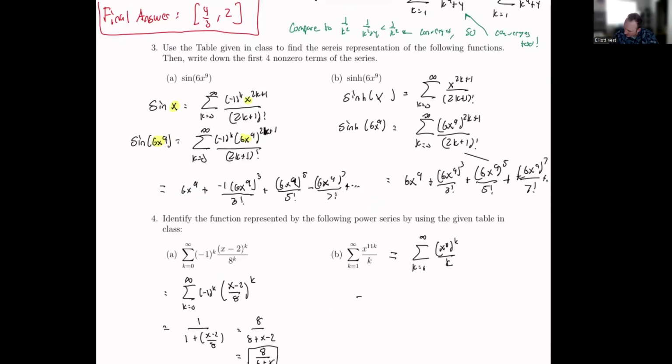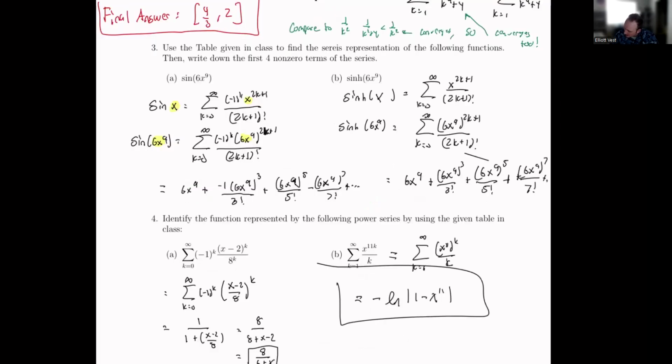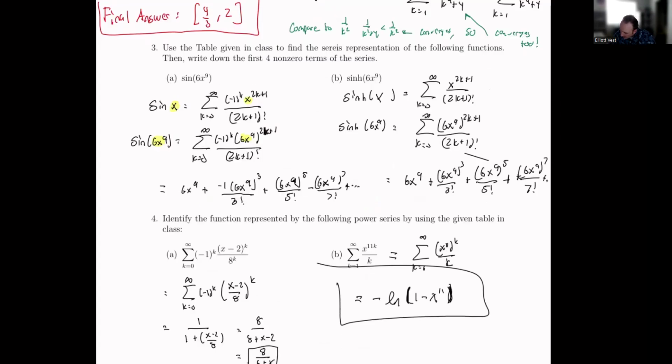So I replace that with x to the 11th, and I get my exact problem here. So this is negative ln of 1 minus x to the 11th. Bing bada boom. Should it be absolute valued? It probably should be, but it's not, so we have a radius of convergence problem here, but that's fine. You need that for radius of convergence. Okay, so we identified the functions and we are good.